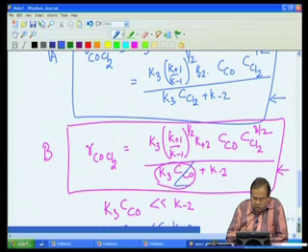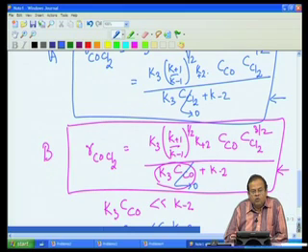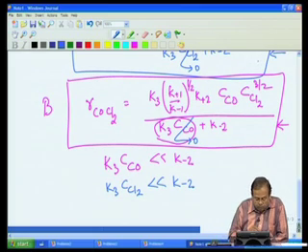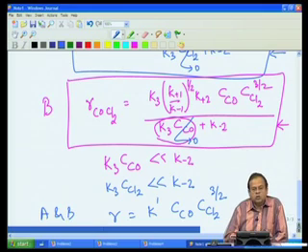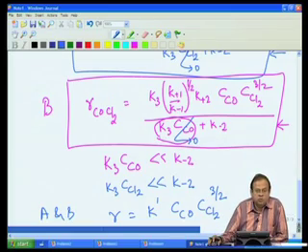This term will be 0, in which case both mechanisms A and B are simply some rate constant K prime, let us say, times concentration of carbon monoxide, concentration of chlorine raised to 3 by 2, indistinguishable. What was the condition required for that? That K3 CCO should be very small.